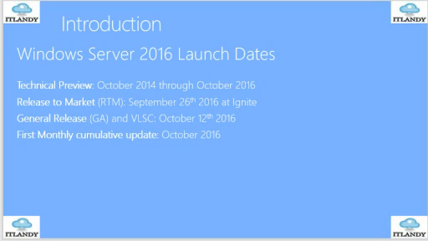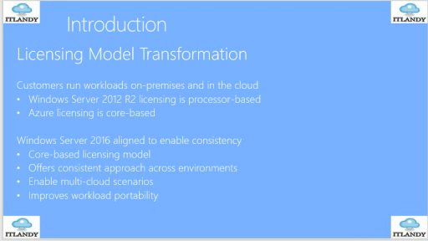So, what happened? What did Microsoft decide to change around 2016? We are moving toward core-based licensing. The processor-based licensing of 2012 is no longer the case for 2016, and the reason is that the Microsoft Azure offer is core-based. This is not new, because if you ever dealt with Oracle, you had to purchase based on the core number on the hypervisor.